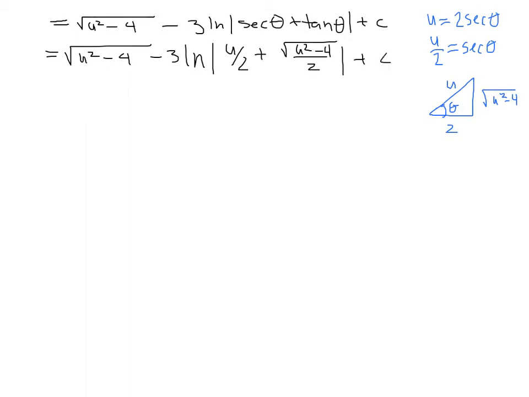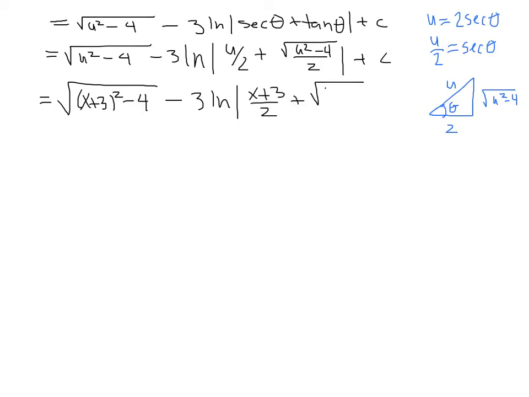And now back to our original substitution, u was equal to x plus 3. So what we have now is the root of the quantity x plus 3 squared minus 4 minus 3 ln absolute value x plus 3 over 2 plus the root of x plus 3 squared minus 4 also over 2 plus c.